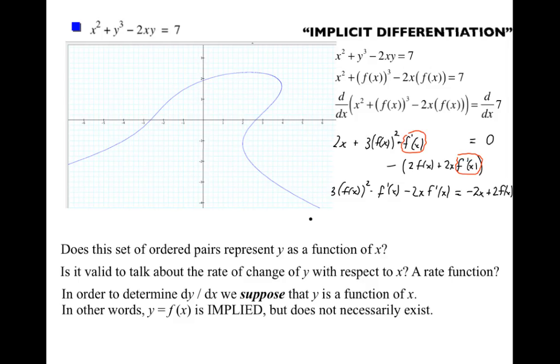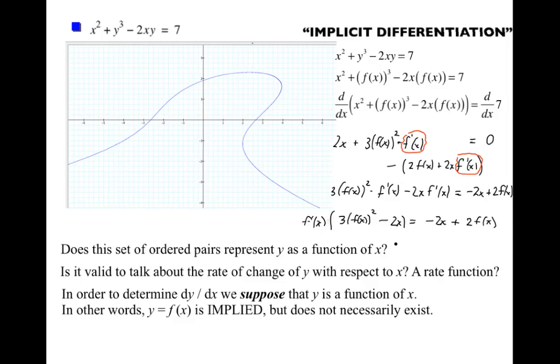Pull it out, factor it out. So we got f prime of x times 3 f of x squared minus 2x equals minus 2x plus 2 f of x.